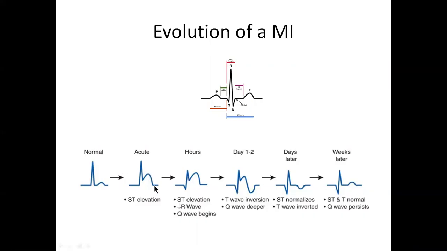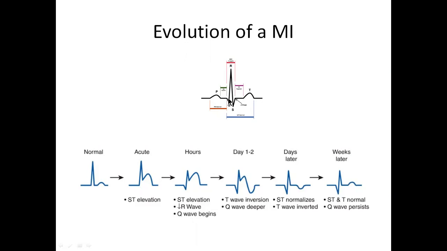As that happens, the T wave starts inverting. And that happens like day 1 to 2 or so. But weeks later, even the T wave gets back to normal. Okay. The third thing that happens is a Q wave. As you notice, normally there is no Q wave.